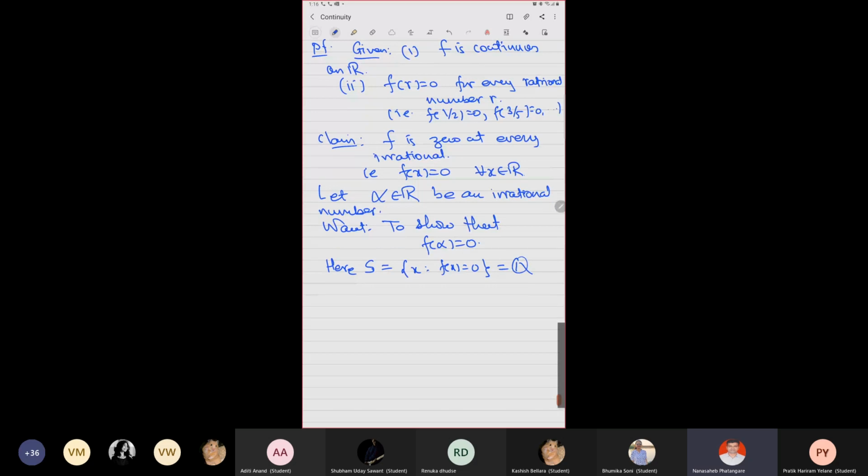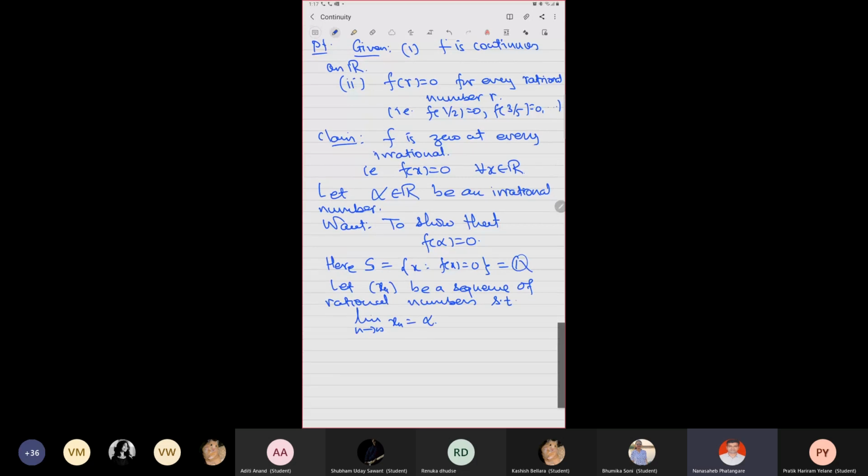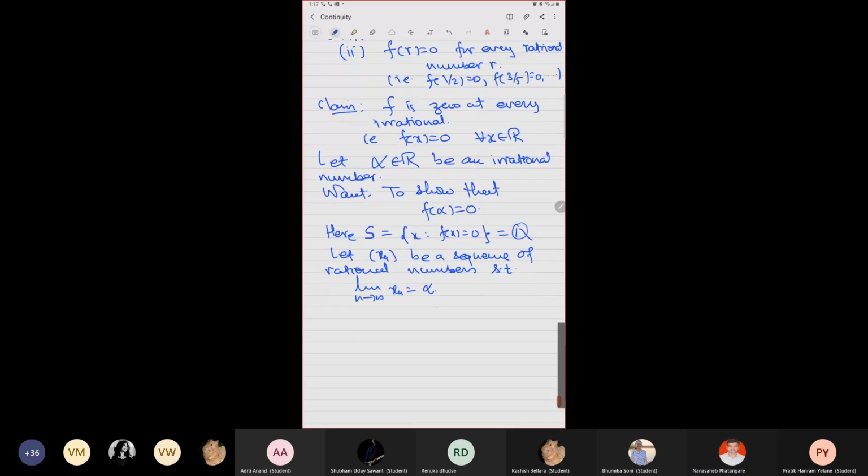So take a sequence of numbers in S. So let xn be a sequence of rational numbers such that the limit of this sequence is alpha.